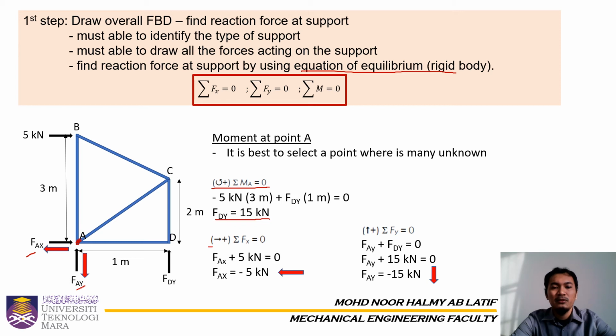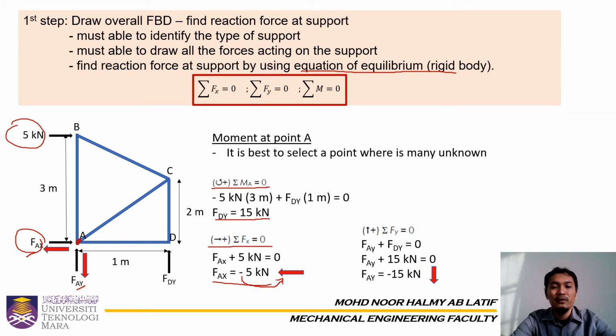By using summation of force in X direction, which has force FAX and the 5 kN over here, we're going to find FAX is equal to negative 5 kN. The negative sign shows that it is moving to the left.